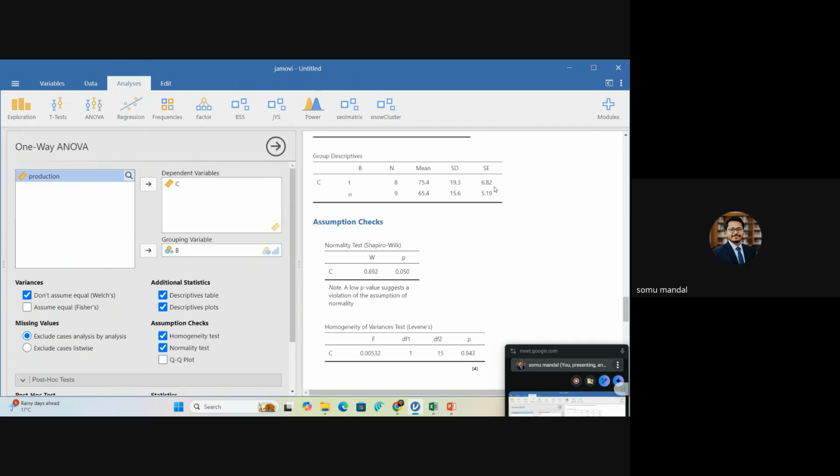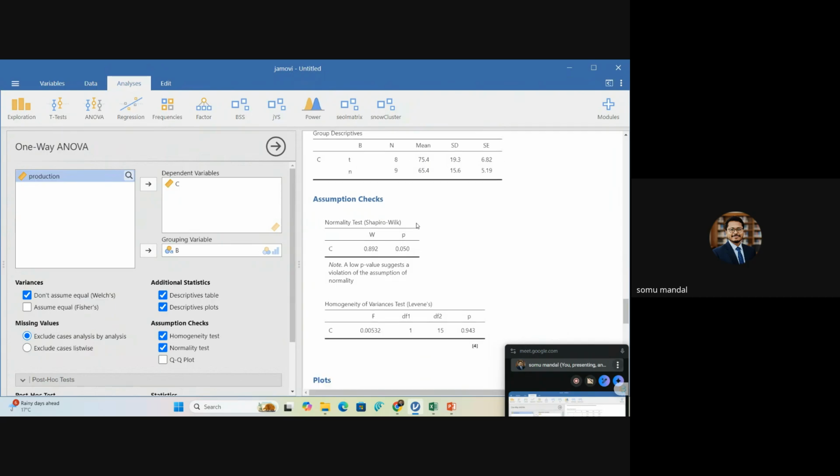Standard error means the standard deviation of the sample means. We calculate the grand mean, and the standard deviation of this grand mean is called the standard error. So that particular analysis also indicates that yes, there are differences.